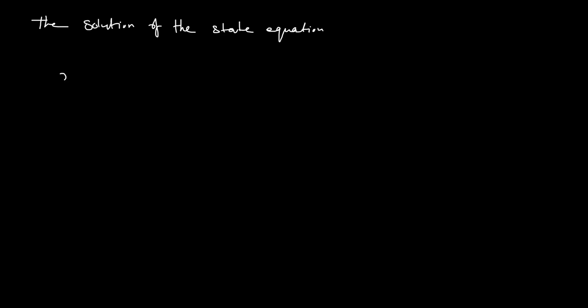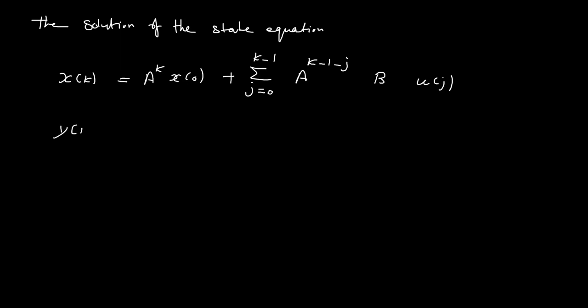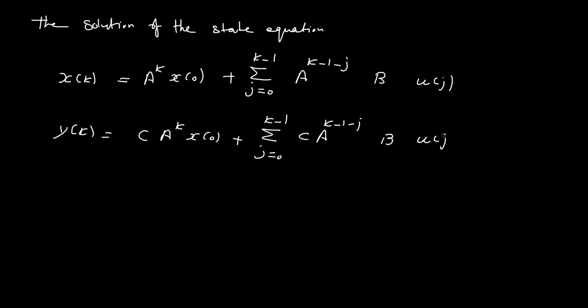So we need to find x of k, and this will equal A to the power k x of 0 plus the summation from j equal to 0 up to k minus 1 A to the power k minus 1 minus j B u of j, and y of k will equal this x multiplied by the C, so it will be C A to the power k x of 0 plus the summation from j equal to 0 up to k minus 1 C A to the power k minus 1 minus j B multiplied by u of j.